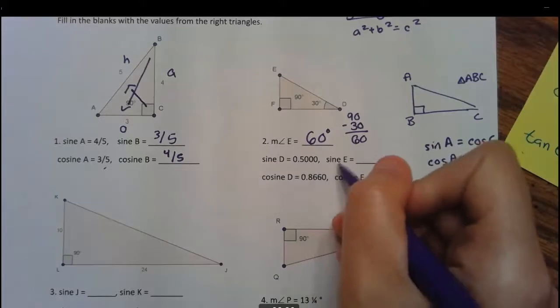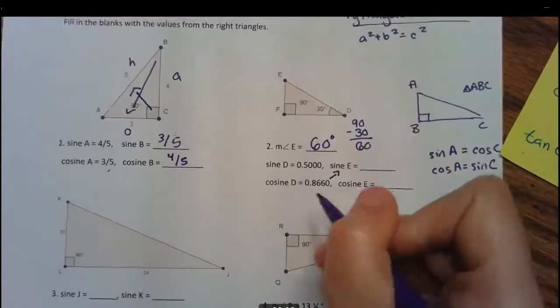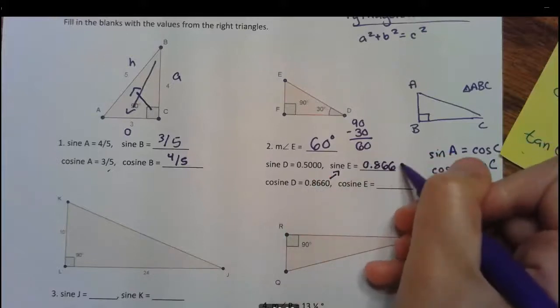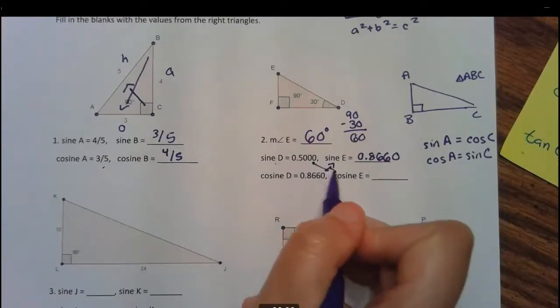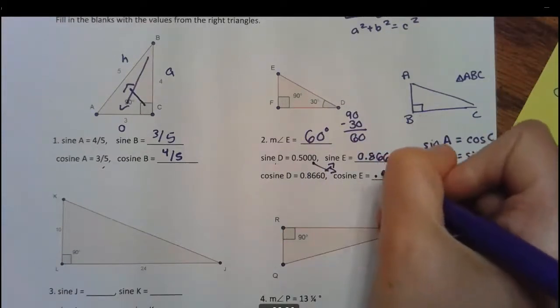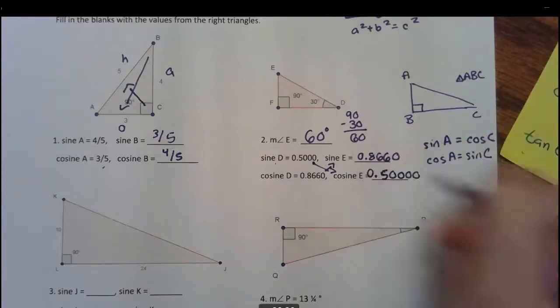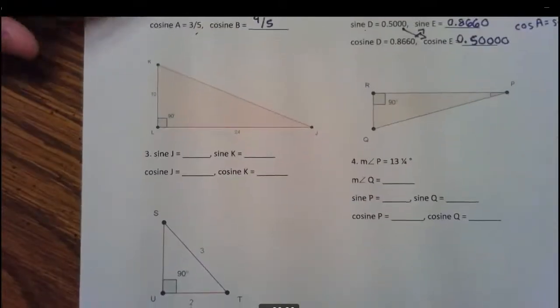We know that sine of E is equal to cosine of D. So this would be the same answer. So I'm just going to write it in the blank. And sine of D is cosine of E. So I'm just going to write that in this blank. And I'm going to keep the number of digits that they have there, so we are keeping our significant digits. That's really useful when we're doing physics or chemistry or anything where you apply math.